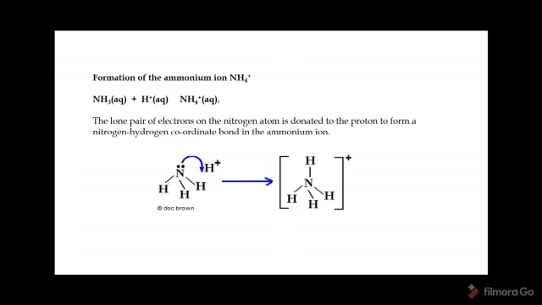The bond between nitrogen and one hydrogen in the ammonium ion is coordinate, and the 3 bonds are covalent bonds. So ammonium has 3 covalent bonds and 1 coordinate bond.